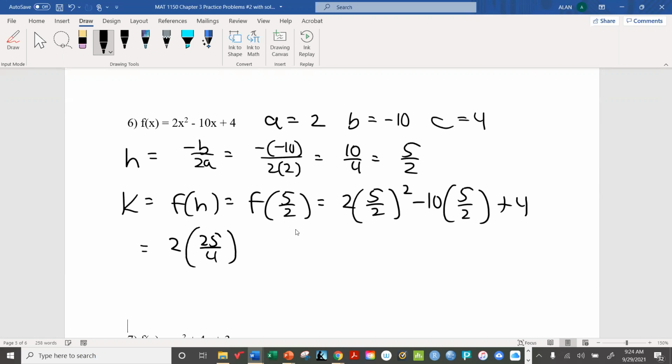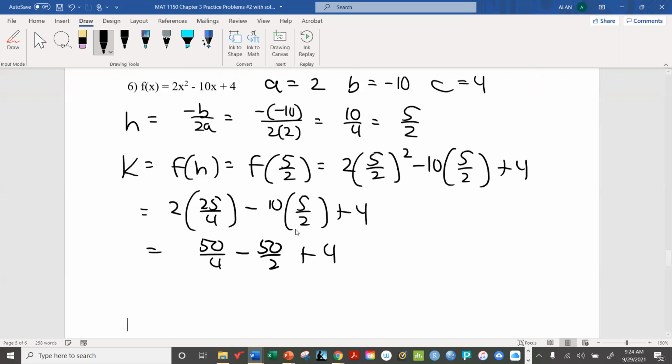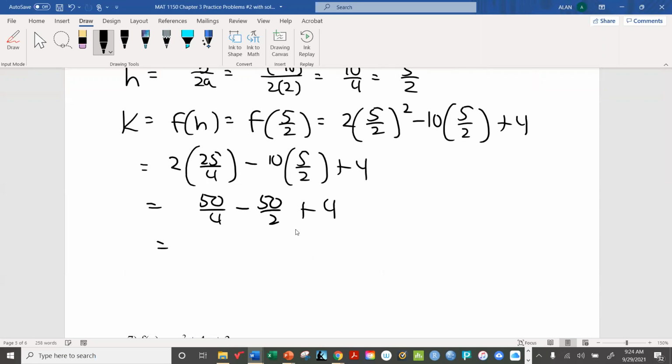This is 25/4 when we square it. And then we have 50/4 minus 50/2 plus 4. All right, 50/4 minus 100/4 plus 16/4. So that should reduce to minus 34/4 or minus 17/2.